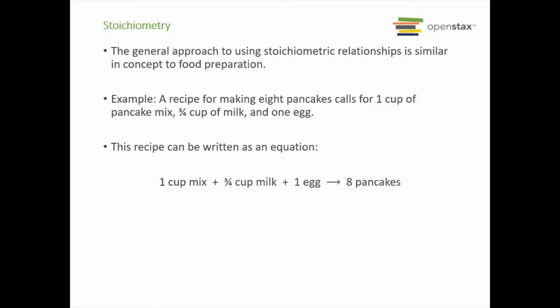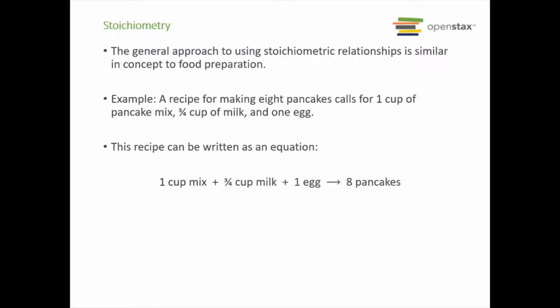So before we start getting into chemical reaction stoichiometry, let's think about cooking. For instance, let's say a recipe for some really bland pancakes says you need a cup of pancake mix, 3/4 a cup of milk, and 1 egg. I guess that's not super bland, but I usually like to add a little vanilla, even a twist of lemon.